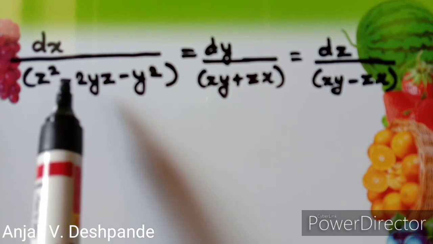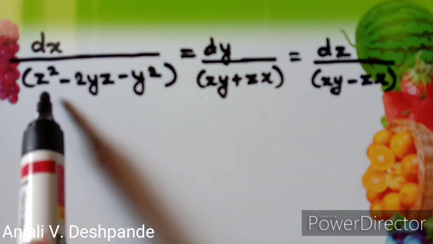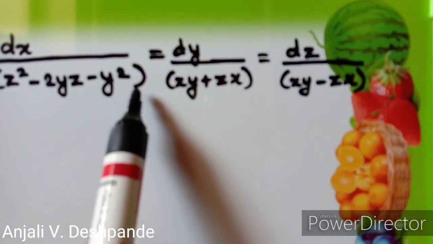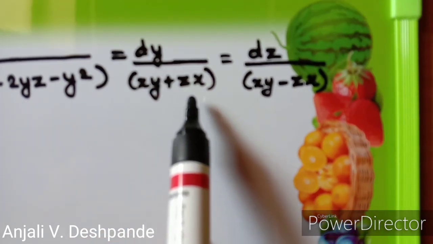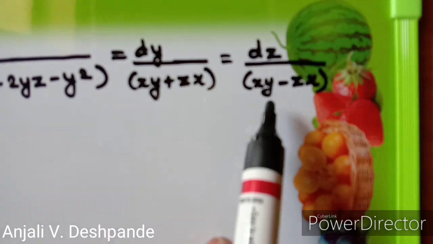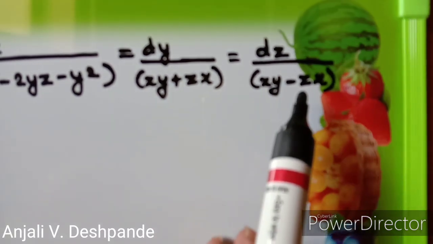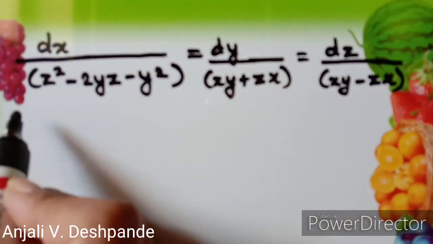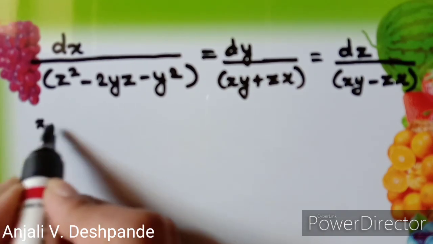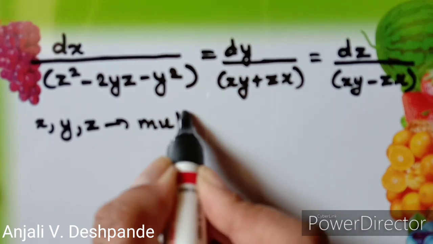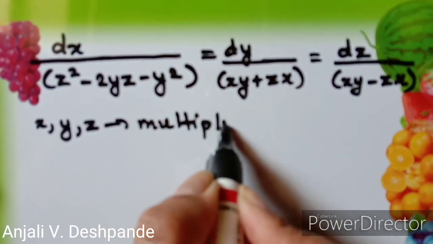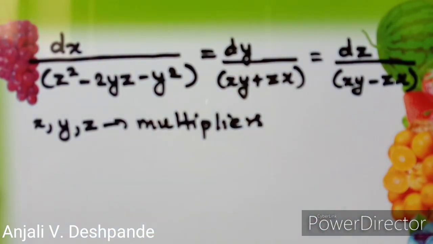So now we are going to solve this sum: dx by z square minus 2yz minus y square is equal to dy by xy plus zx is equal to dz by xy minus zx. Now what we are going to do is take x, y, z as multipliers.